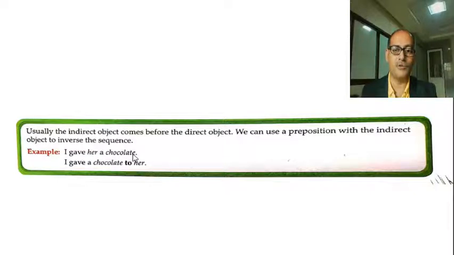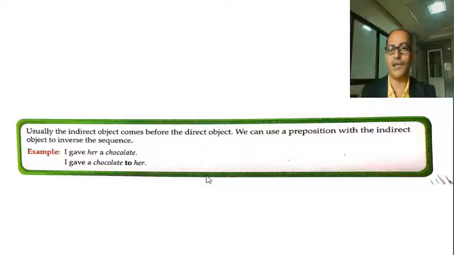But if you want to change the sequence, you can use a preposition. For example, I gave a chocolate to her. So here a chocolate has come prior and her has gone afterwards. But remember, when there are two objects, whichever comes earlier is the indirect object, and whichever comes afterward is the direct object.